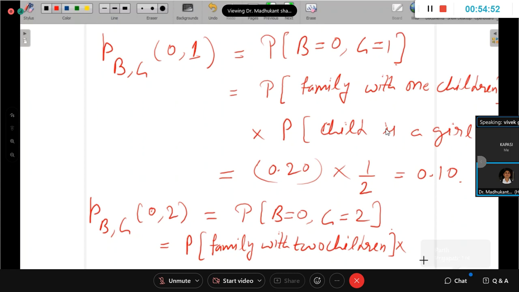Both the children are girls, that's equal to 2. But what is the probability that both of them are girls? 1 by 4. Yeah, 1 by 4. That's it.